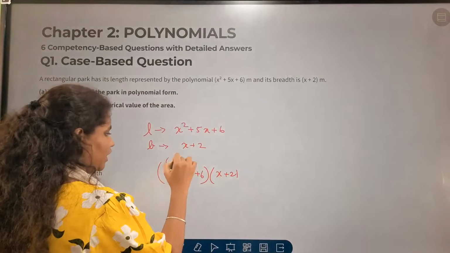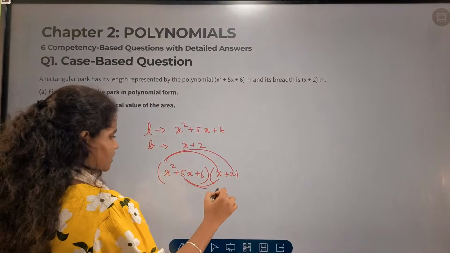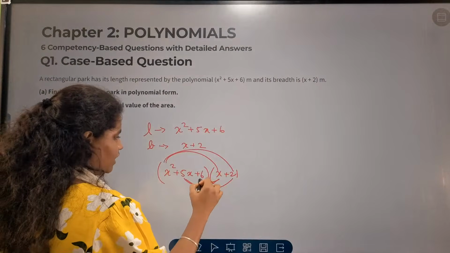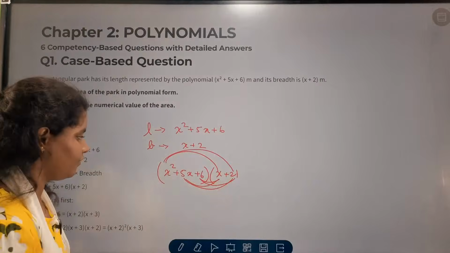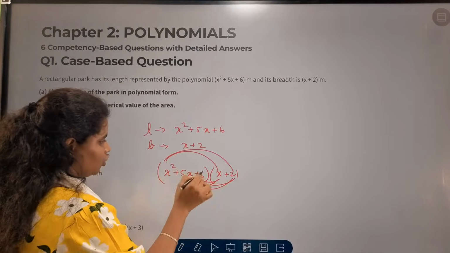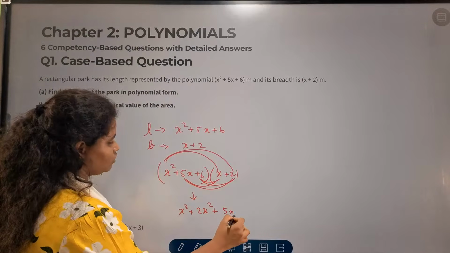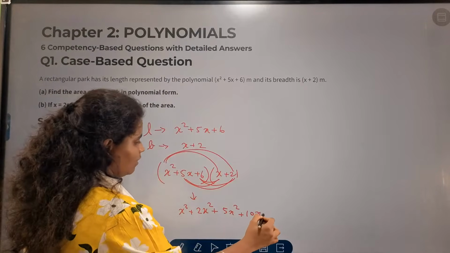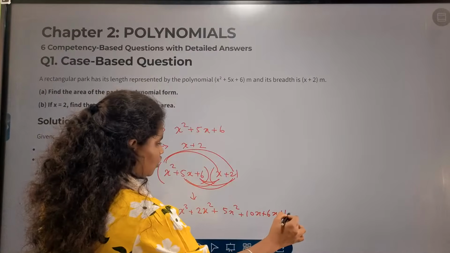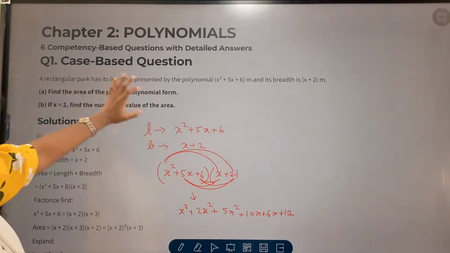So x square into x, x square into 2, 5x into x, 5x into 2, and 6 into x, 6 into 2. If I multiply, we'll get x cube plus 2x square plus 5x square plus 10x plus 6x plus 12. Now we have to simplify.